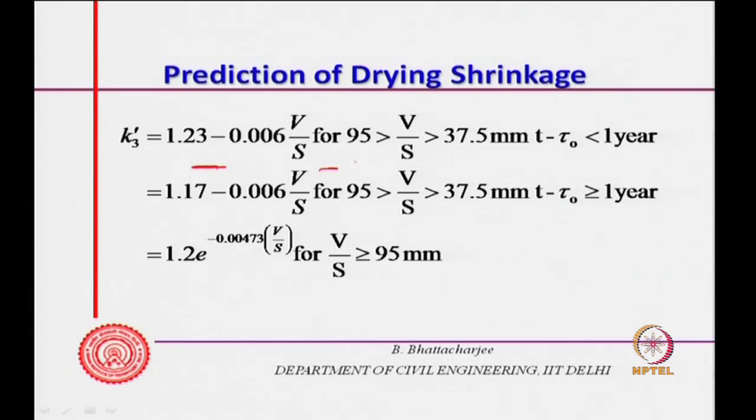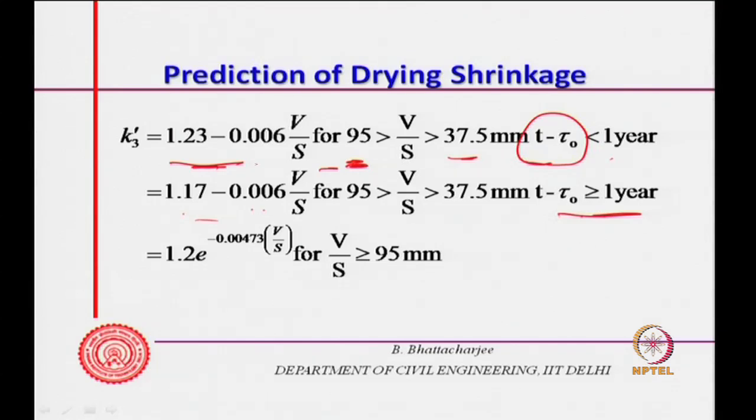For example, if it is more than 37.5 but less than 95, then the formula is given as 1.23 minus 0.006 V by S, and T minus T0 less than 1 year. If this is more than 1 year, for these cases the formula is given 0.006 is fine, but this is 1.17. So, this is basically depending upon the age.